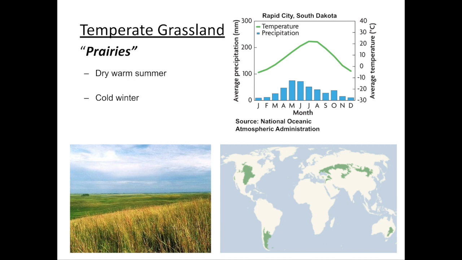Also, through Europe, Ukraine and Russia, southern Africa, the southern part of South America as well, have these temperate grasslands.